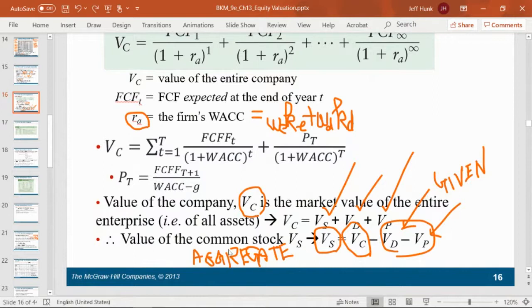So finally, you must divide, because it's an aggregate value, the value of the common stock by the number of shares outstanding.